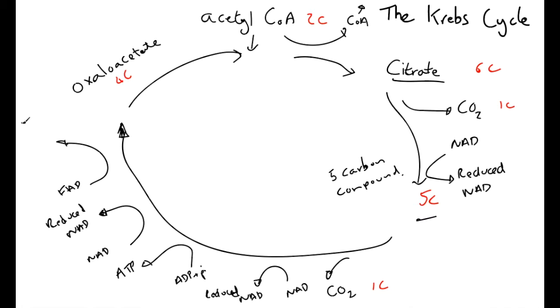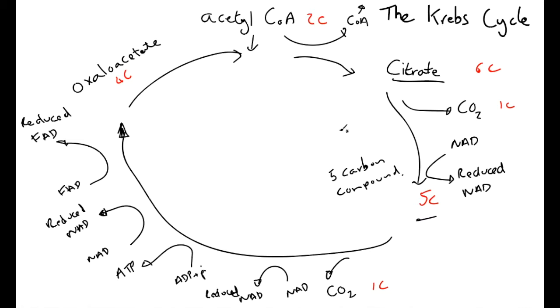And again, that becomes reduced FAD. What I'm saying when it becomes reduced is that it's taking hydrogen from here. So when it's reduced, it's carrying a bit of hydrogen around. And all that's going to make sense in the next video. So I told you there was a lot squeezed on.